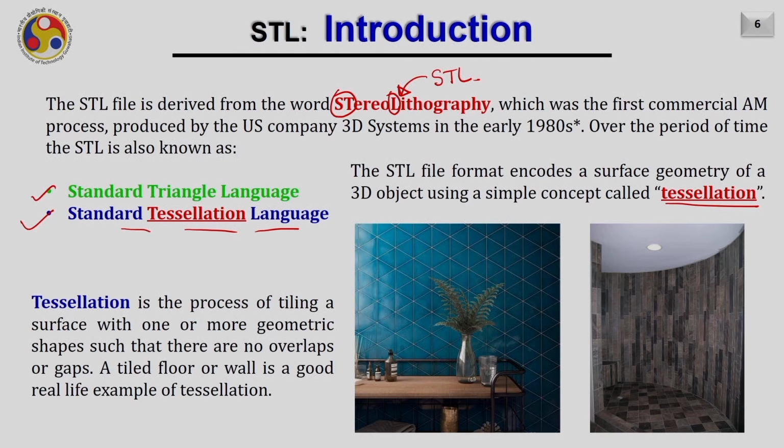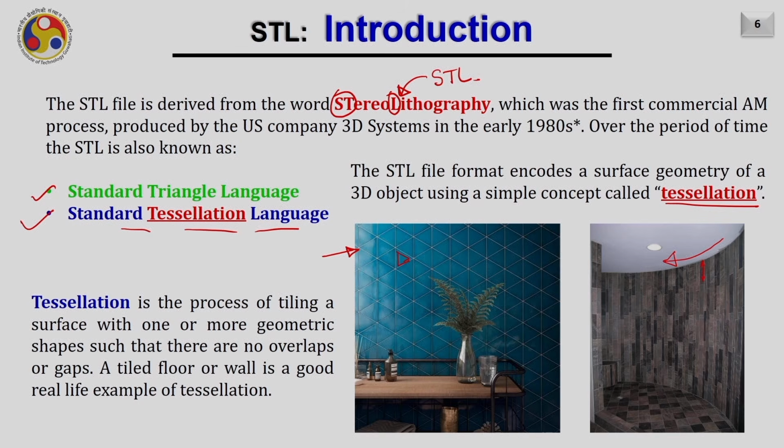You can see a very practical example, a tiled floor or wall at your home. So for example, this is a wall which is tiled by triangular shaped plates. This is a flat surface, while this is an example of a curved wall which is approximated by these flat tiles or flat plates.